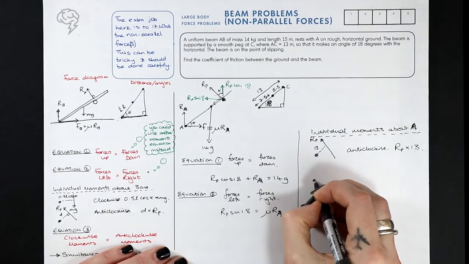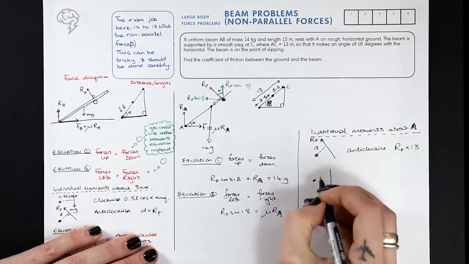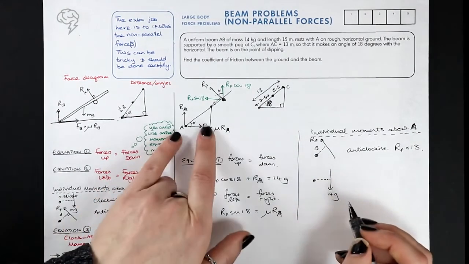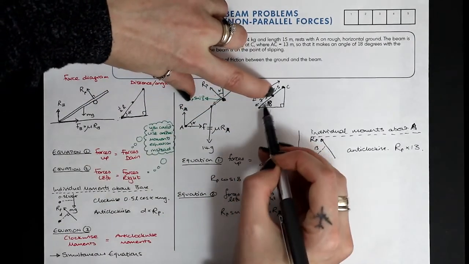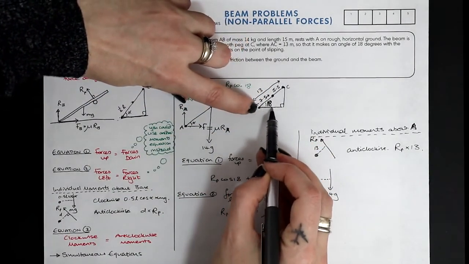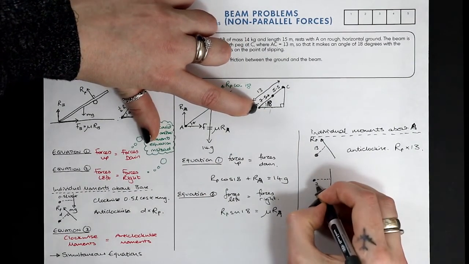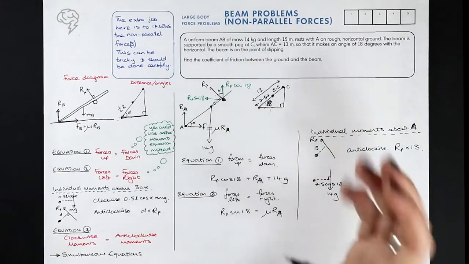And then the other one, there's the base, and there's the weight, and the perpendicular distance of the line of action of the force to the point I'm taking moments about. So the diagonal is 7.5. I'm going across the bottom, so I want cosine because it's adjacent to the 18. So this will be 7.5 cos 18 is the perpendicular distance to the line of action of the force.